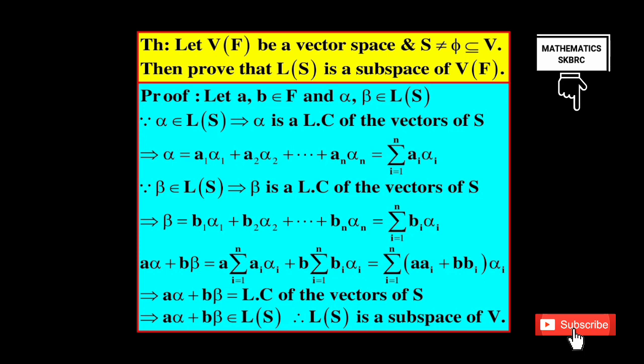This means a alpha plus b beta is a linear combination of the vectors of S. That gives a alpha plus b beta belongs to L(S). Therefore, the linear span L(S) is a subspace of the vector space V(F). Hence, complete the proof.